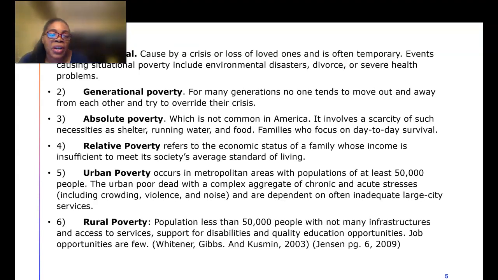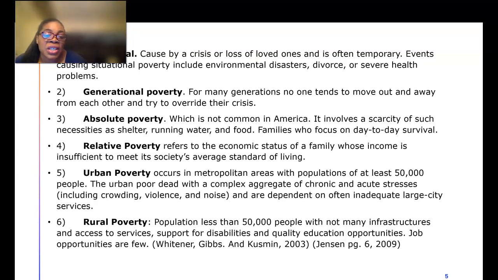The urban poor are dependent on inadequate facilities, and they do not have enough to survive. Most of them scavenge.